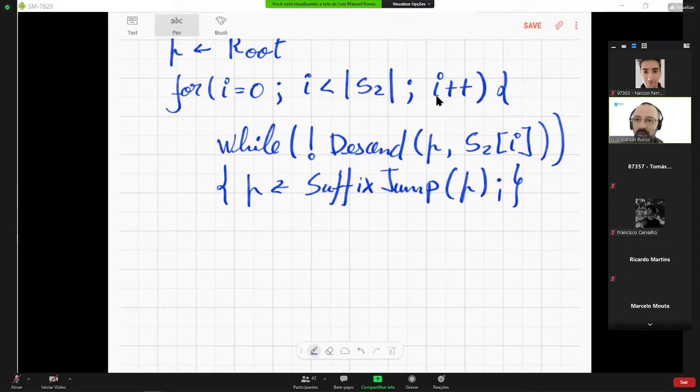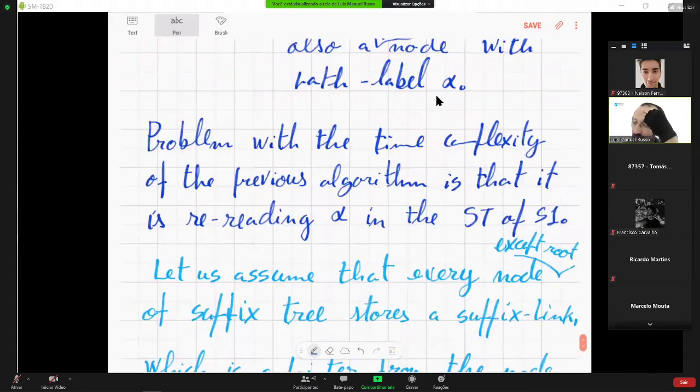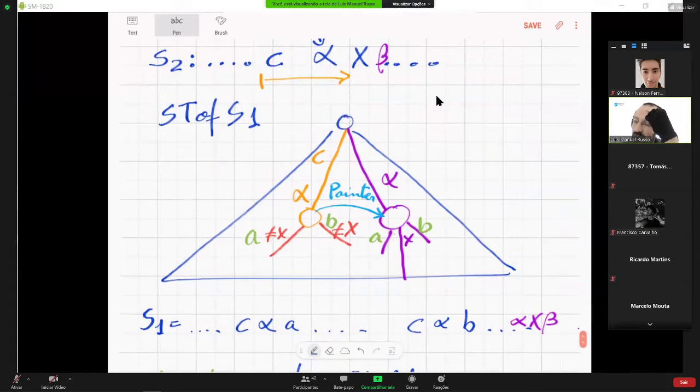Eventually, if I'm way too up, I'm going to reach the root, and if I reach the root, then I should be able to descend by the letter.